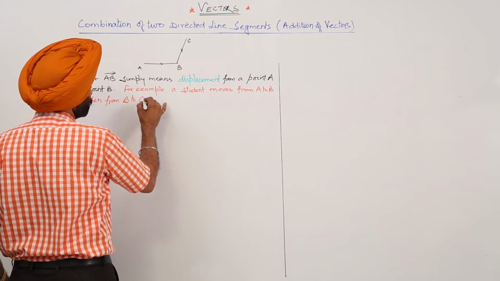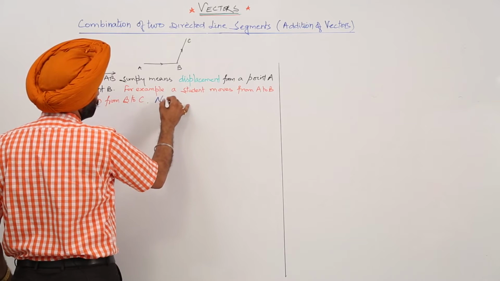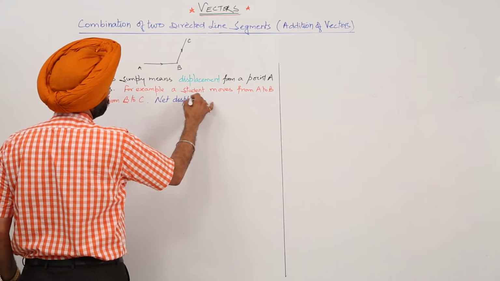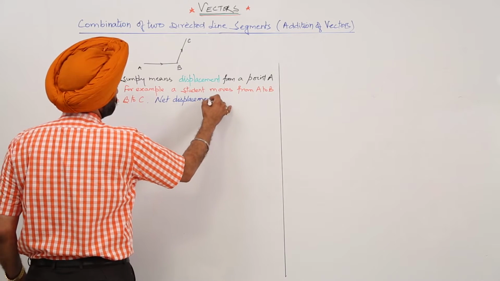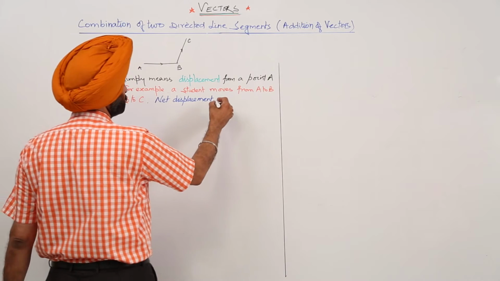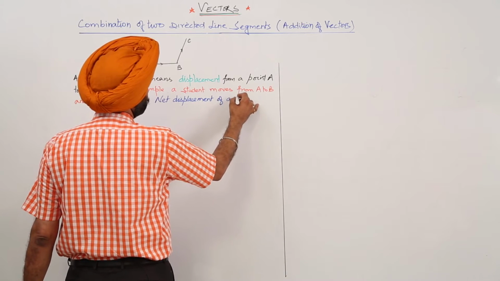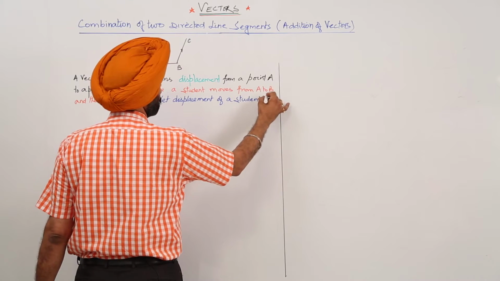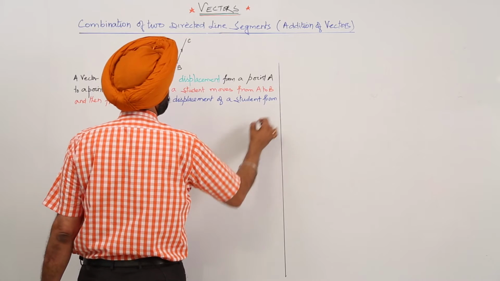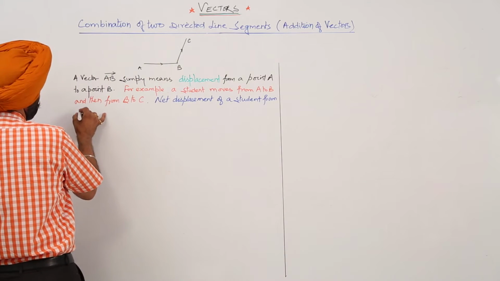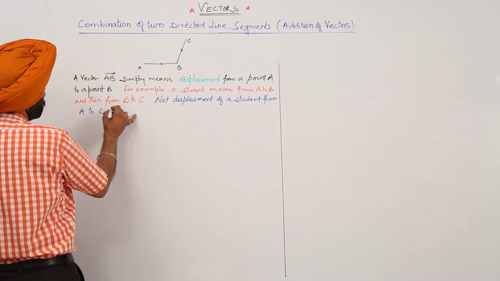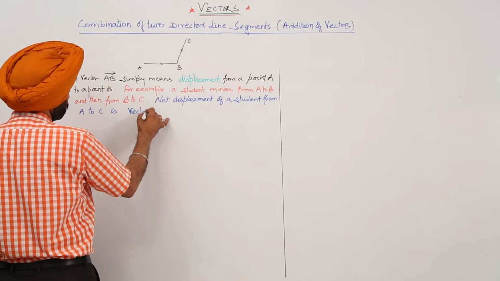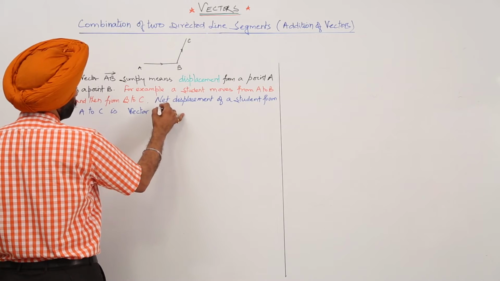Now the important concept is the net displacement of a student from A to C, which is vector AC.